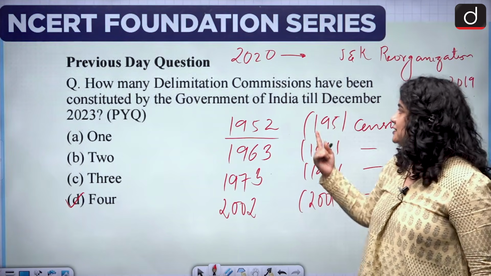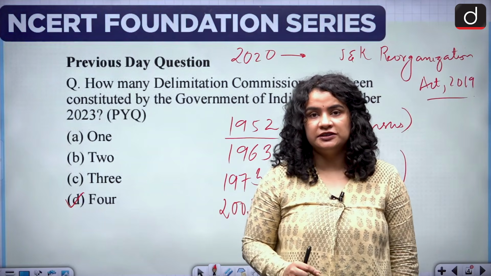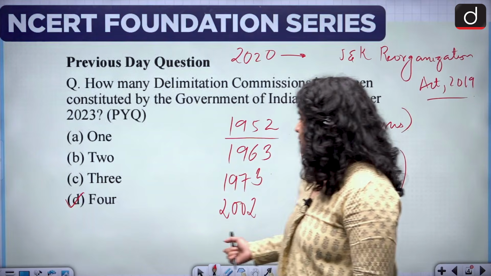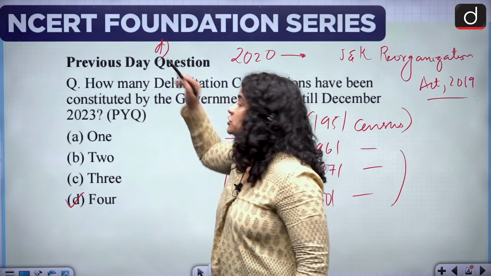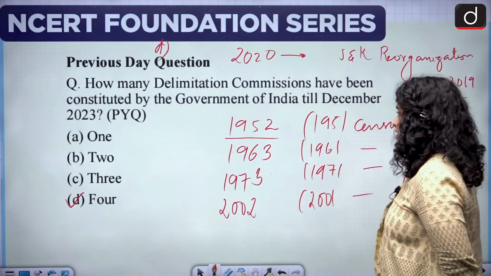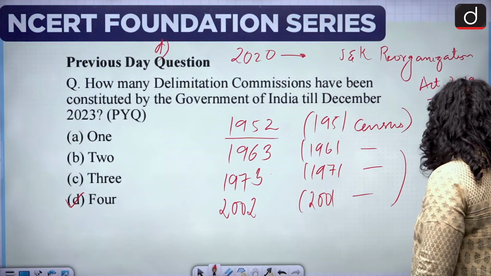However, this is not counted as a separate delimitation commission because it was very region specific. So this brings us to our correct answer, which most of you got in the comments. Option D, 4 delimitation commissions so far.